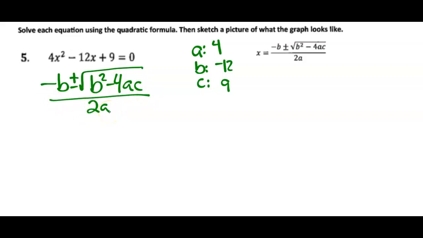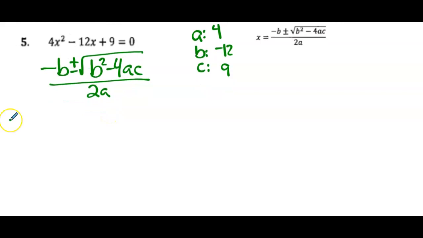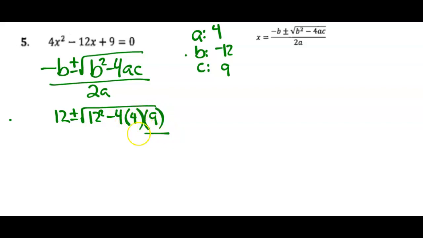Okay, what's the opposite of B? Well, if B is -12, the opposite of that would be 12. Plus or minus. B squared would be 12 squared minus 4 times 4 times 9 all over 2 times 4.